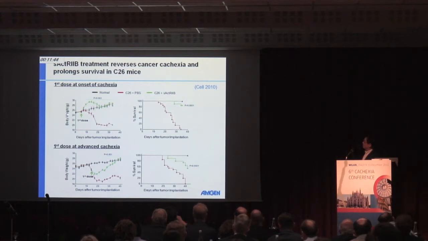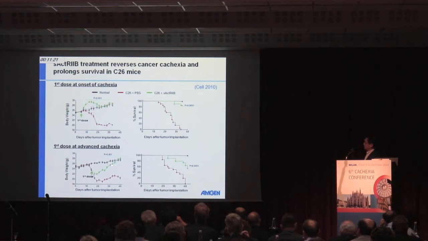The important thing here is that by blocking the myostatin signaling pathway using the decoy receptor, ActRIIB soluble form, the treatment was not only able to prevent weight loss, you see the green curve, but more importantly, it was able to reverse the weight loss and muscle wasting. It's not shown here.